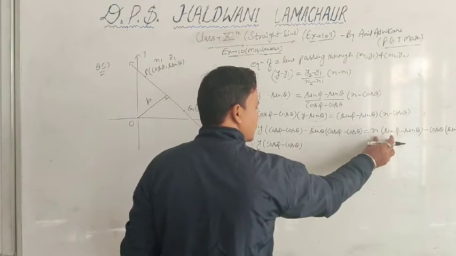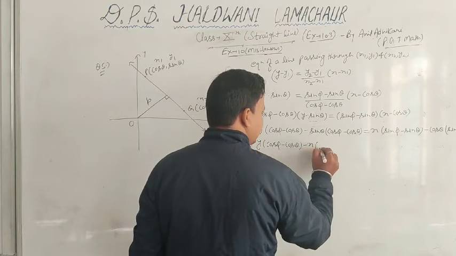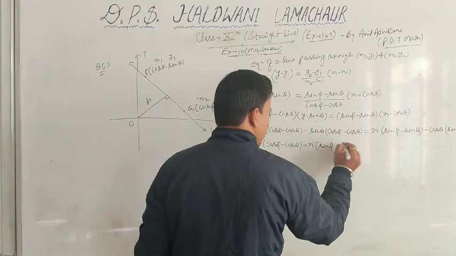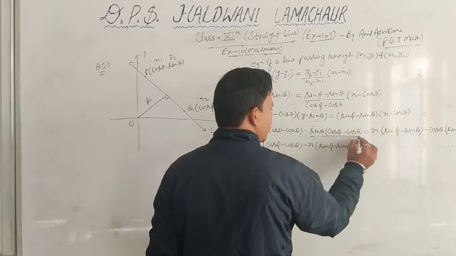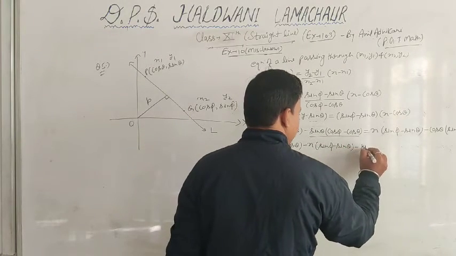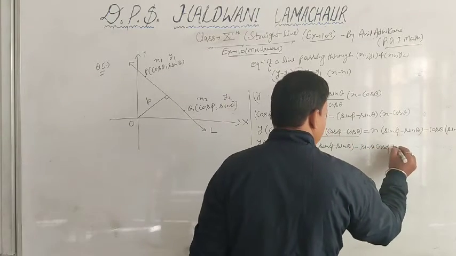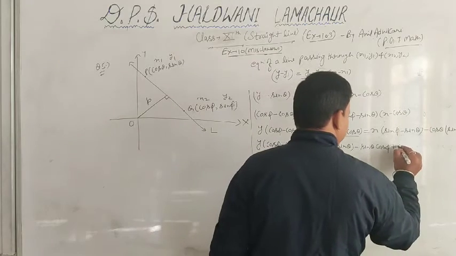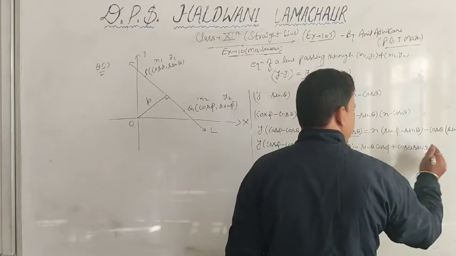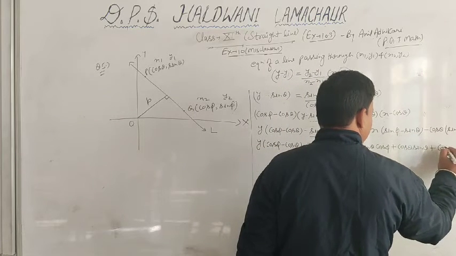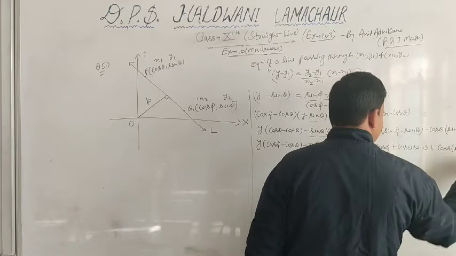Shifting the term of x into the left hand side, we get minus x times (sin phi minus sin theta), and the constants multiplied: minus sin theta cos phi plus sin theta cos theta, and shifting to the right hand side, plus cos theta within bracket (sin phi minus sin theta).